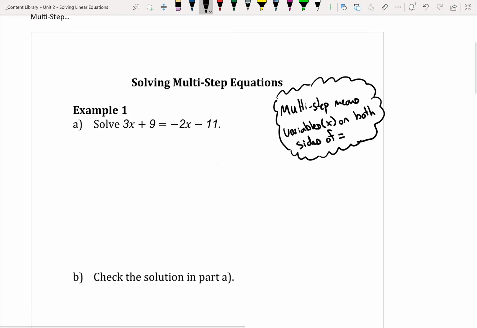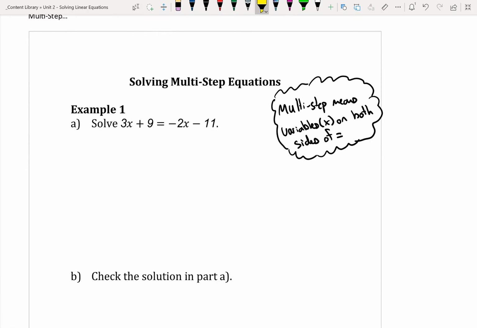So if we look at our example, in A, solve 3x plus 9 equals negative 2x minus 11. We can see that I have x on both sides of the equation. So what we have to do in this case is get x on one side.